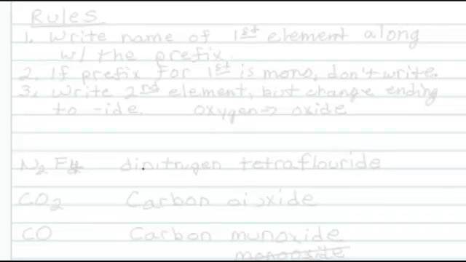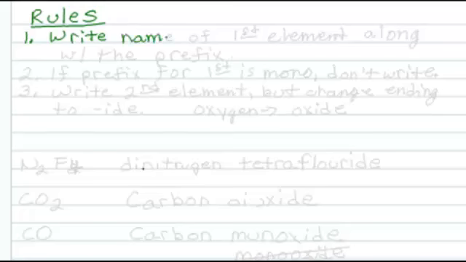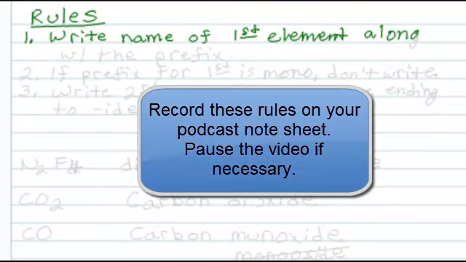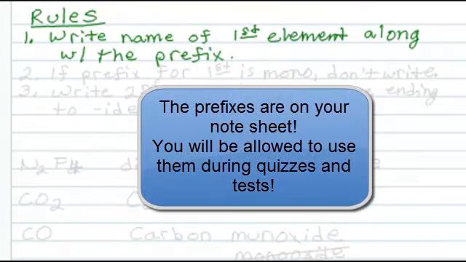Okay, so when you are naming covalent compounds, there are 3 rules that you need to follow. The first rule is you write the name of the first element along with the prefix. Now, the prefixes that you want are on your note sheet, so you want to make sure you have that out to refer to while we're doing this.